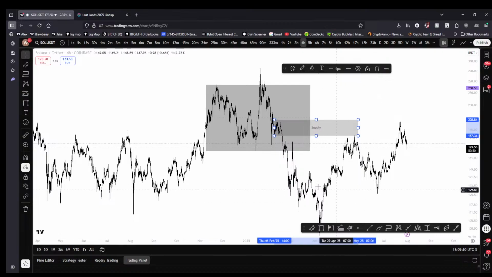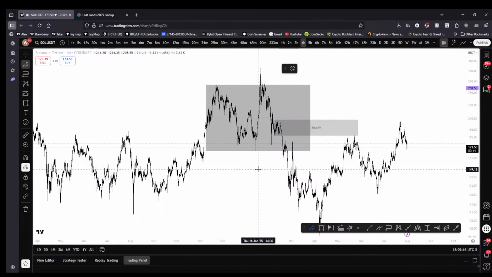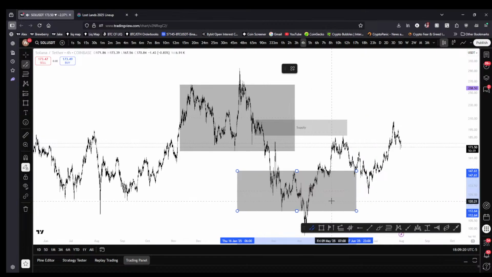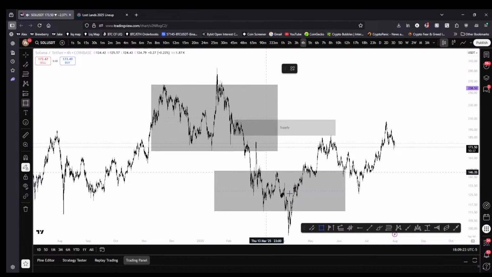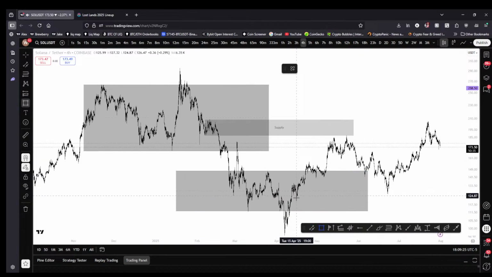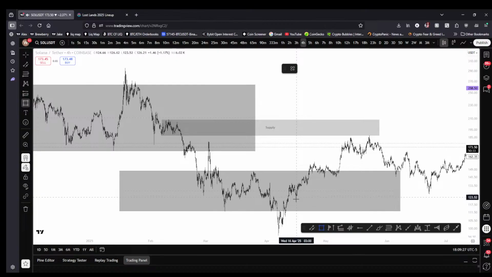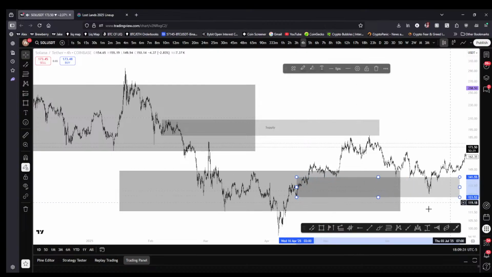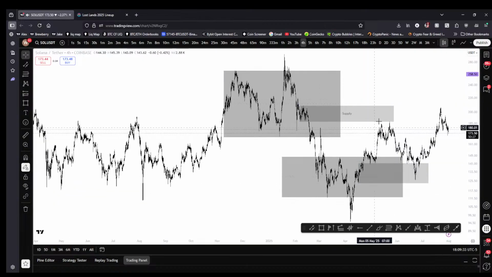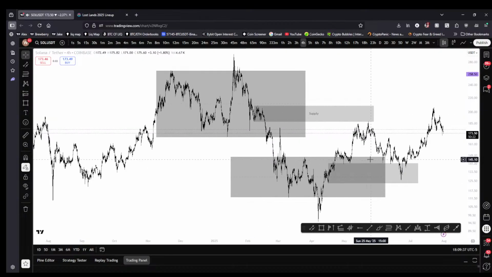Back to this accumulation model, decision demand, right? Back up. Right? You can kind of make a map for price that way.